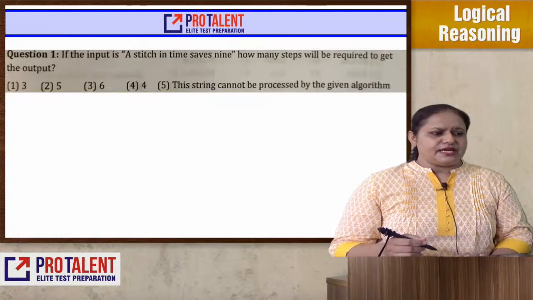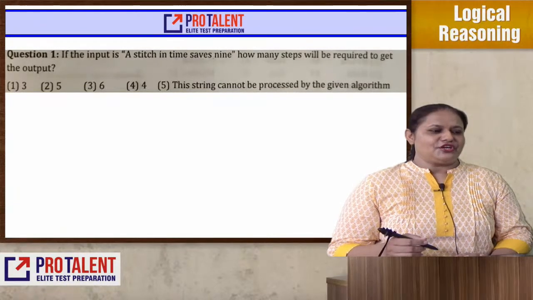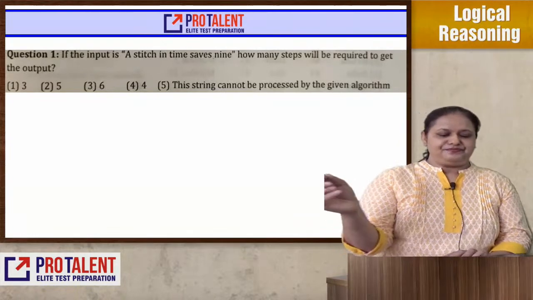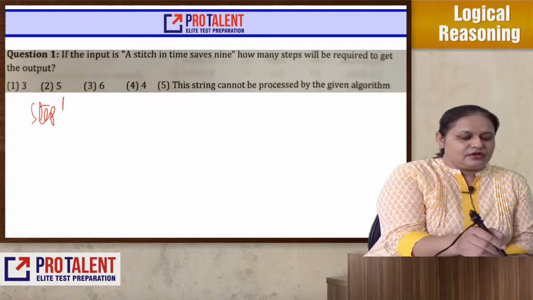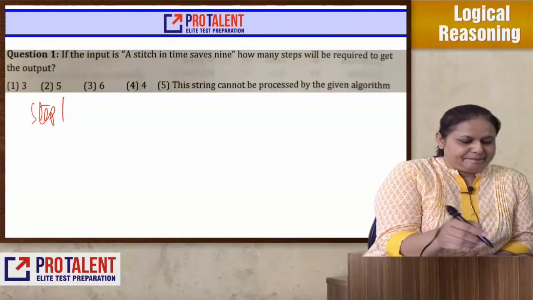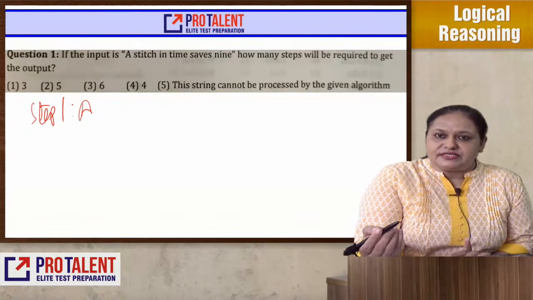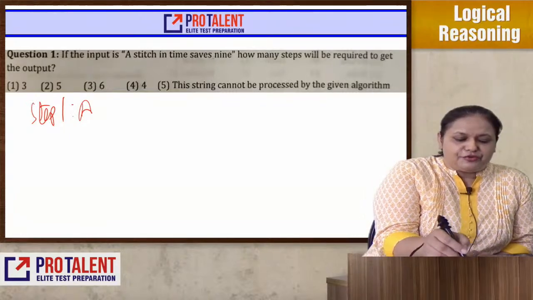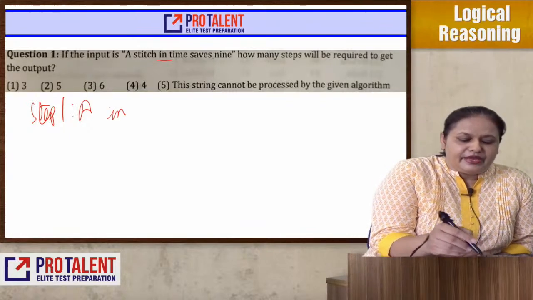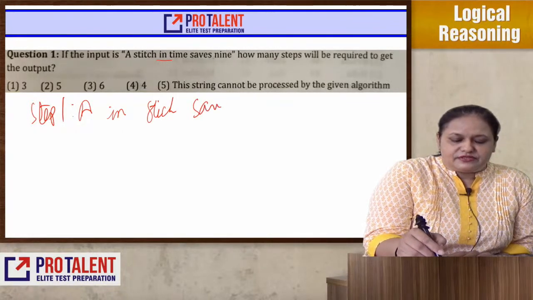Five steps, 3 steps, Charu, 3 steps, sure. Alright, if this is the input, what would have been step 1? Since A is already a single letter word and there is no other such word, the second one is going to be IN. So A, IN, stitch, saves, 9.